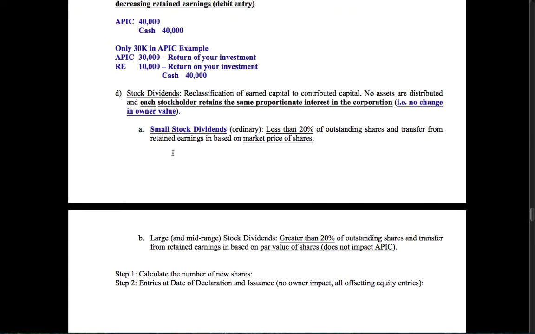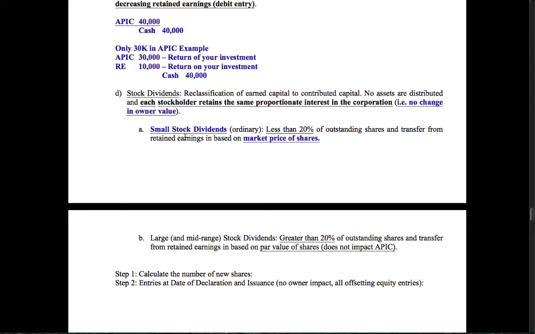Under small stock dividends, you have to take balances out of retained earnings, and when you decrease retained earnings, you do so at the market price of the shares. This is where the difference between small and large stock dividends is most significant.